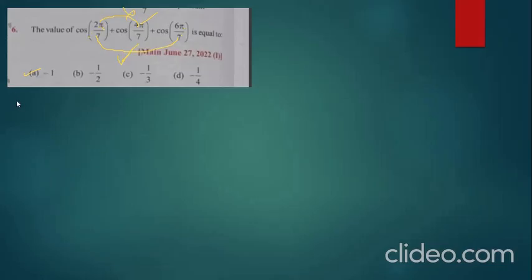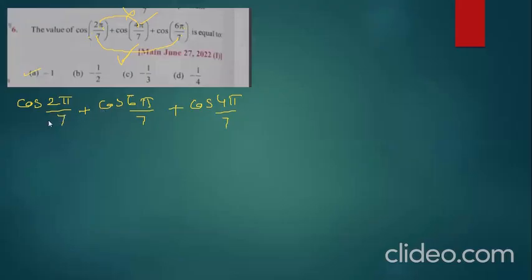Okay, right. So what I do, I am taking cos 2 pi by 7 plus cos 6 pi by 7 plus cos 4 pi by 7. Let me write these two.